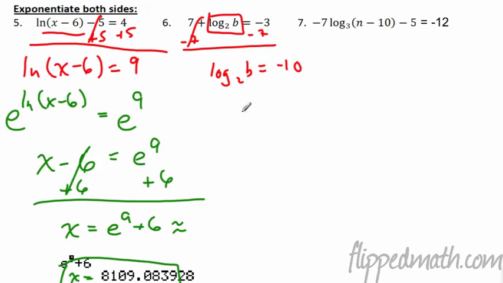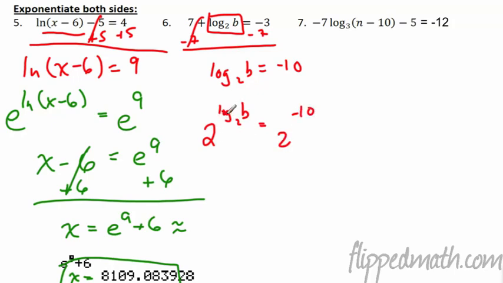There are a couple of ways you can solve these. What I'm going to do is rewrite it as 2 to the negative 10th equals b. That's going to be a very small number. The other way you could do it is to raise this as a power on 2. So 2 to the exponent I use on 2 to get b equals 2 to the negative 10.